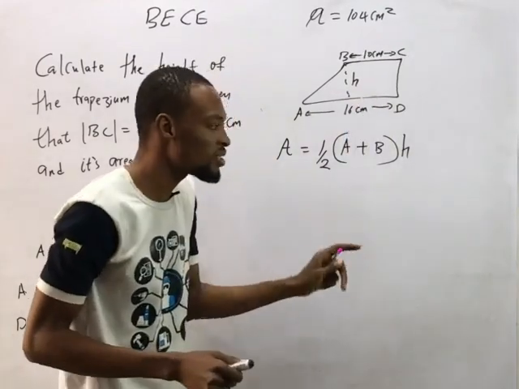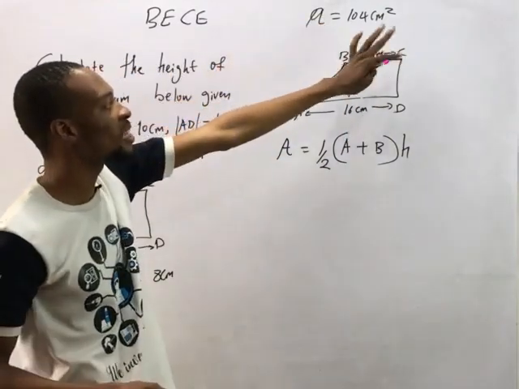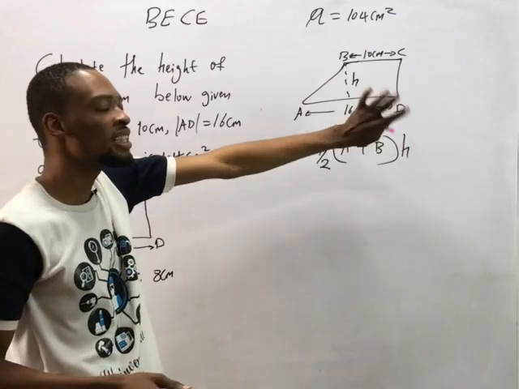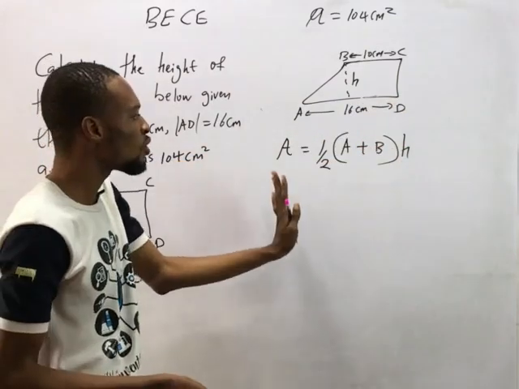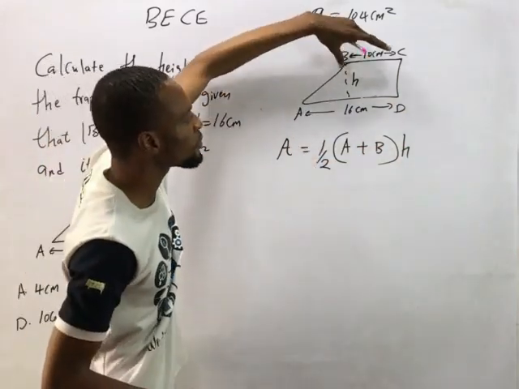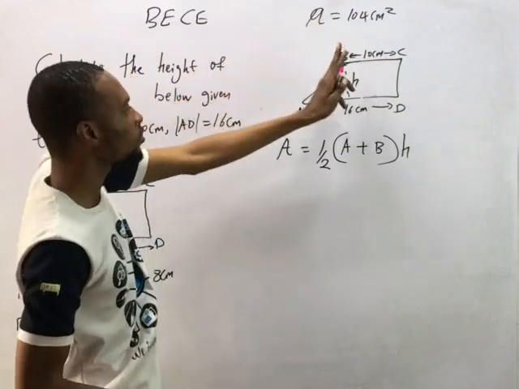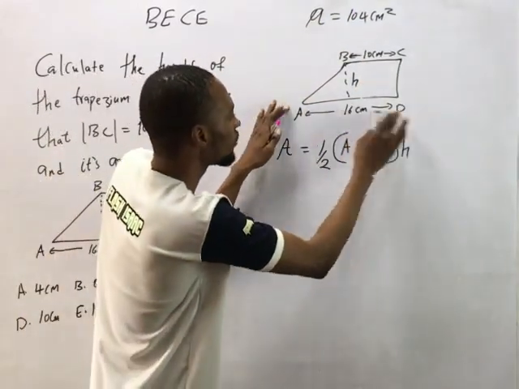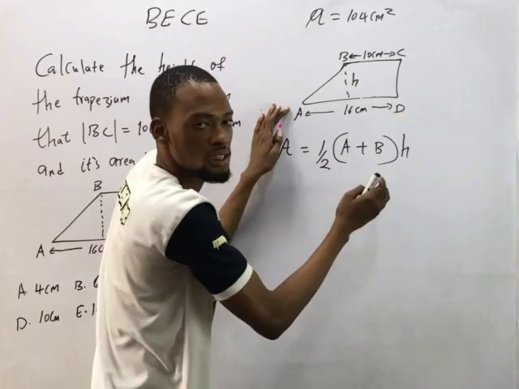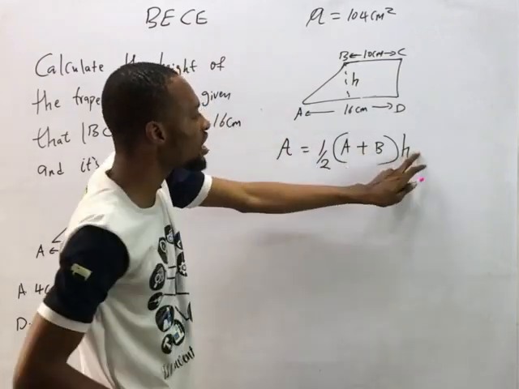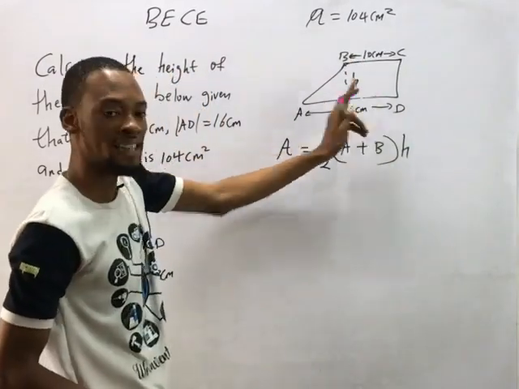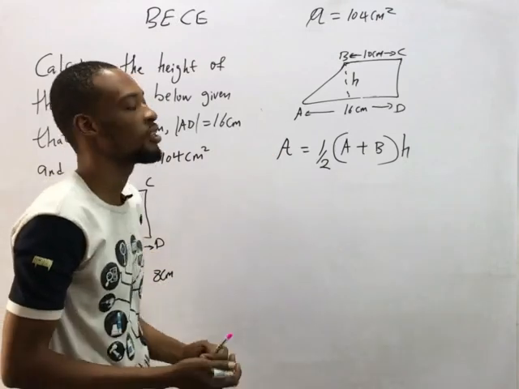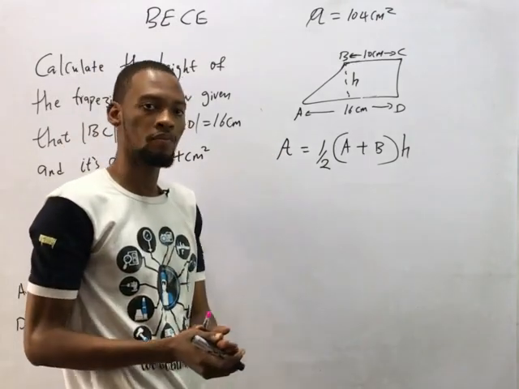So anytime you are given a trapezium, they may put different values, L to M, J to K, any value. We don't care about the values. What we care about is that we have this first parallel side, so 10 will be your A. Then the bottom, from here to here, will be your B. So you add them times H. Here to here is the height, and this is the area. That's how you solve a trapezium.